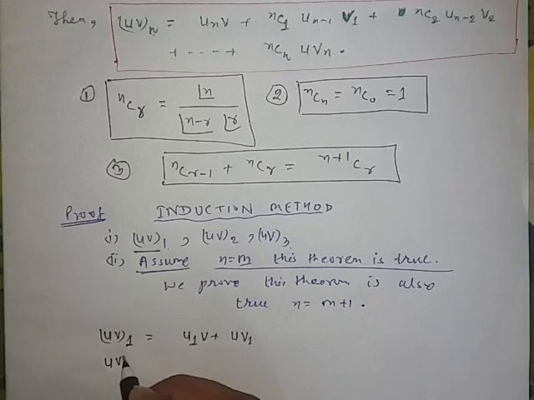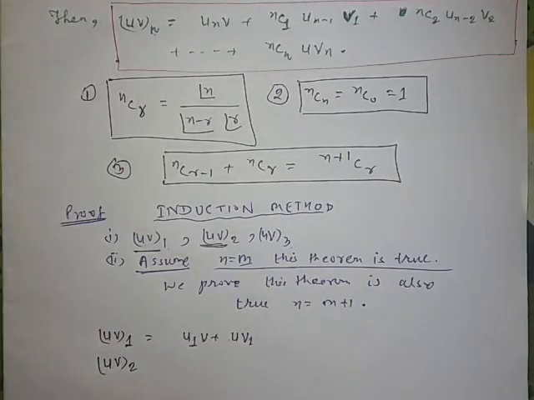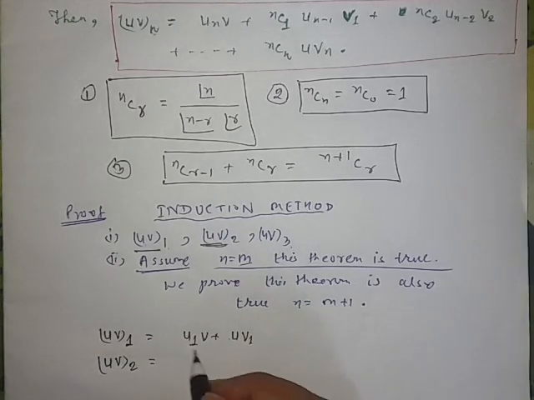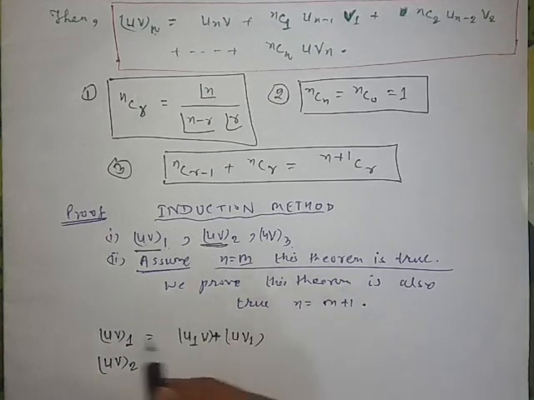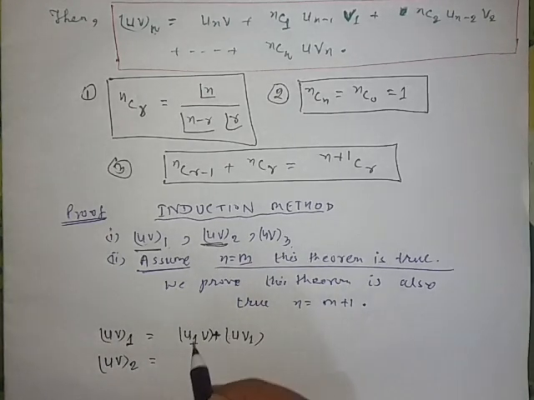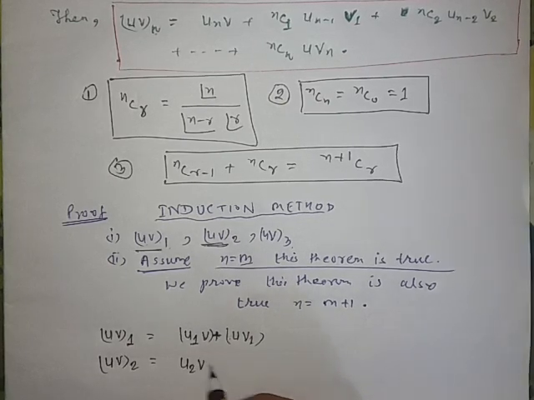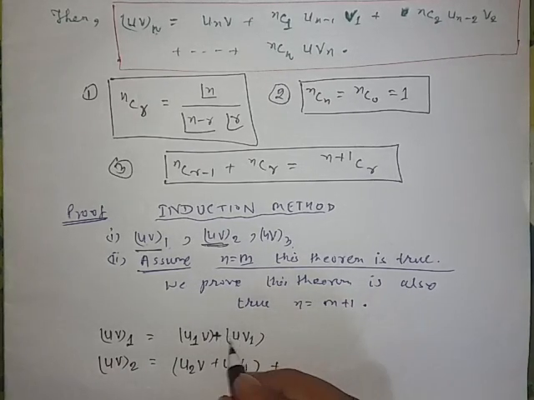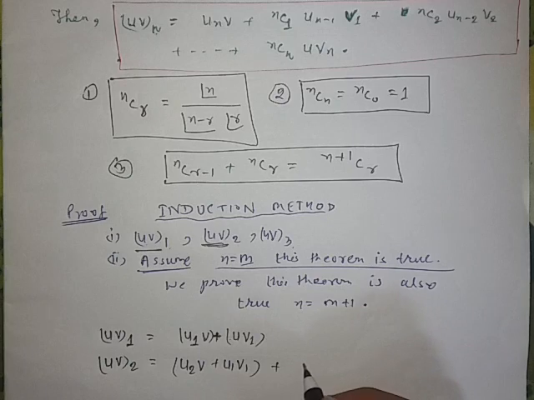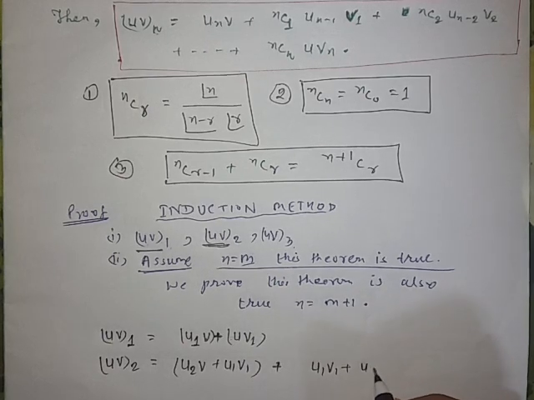Again we differentiate this a second time. We do the same process as we have done above. To differentiate we will write u_2 v plus u_1 v_1, plus again we differentiate u v_1, so we obtain here u_1 v_1 plus u v_2.